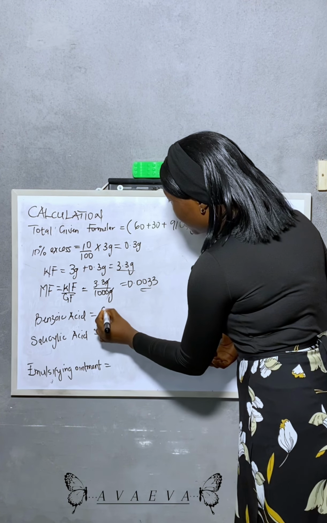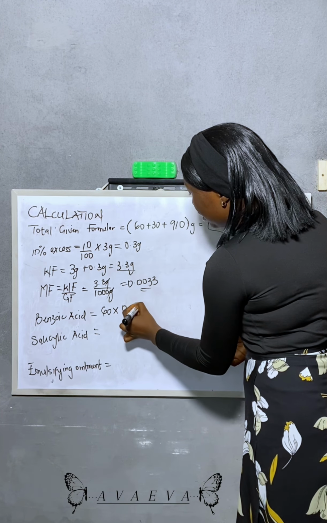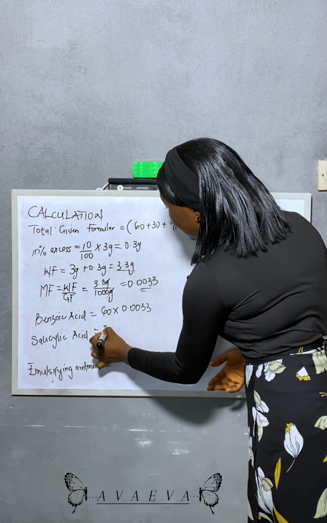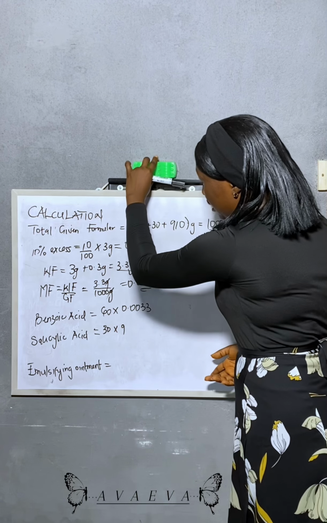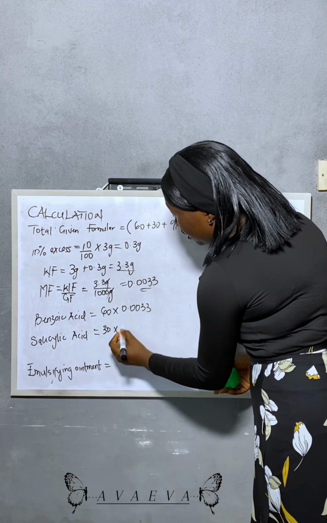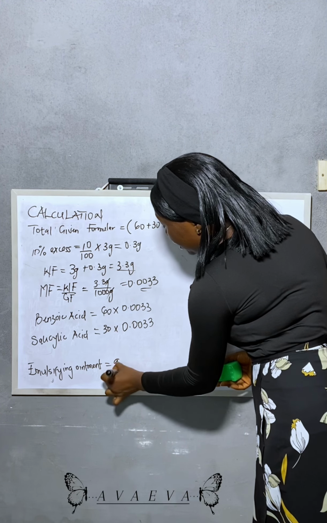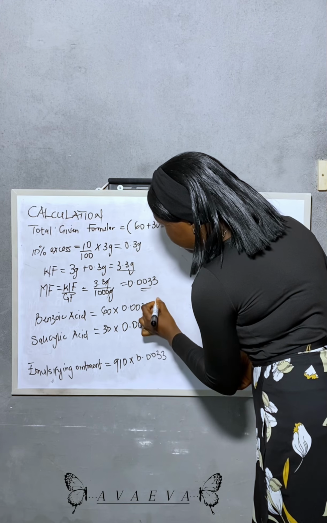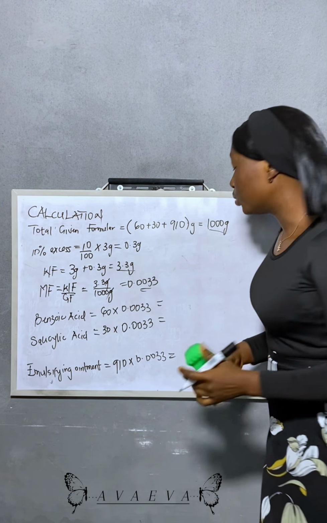So for benzoic acid, we have 60 times 0.0033. For salicylic acid, we have 30 times 0.0033, and lastly we have 910 times 0.0033.